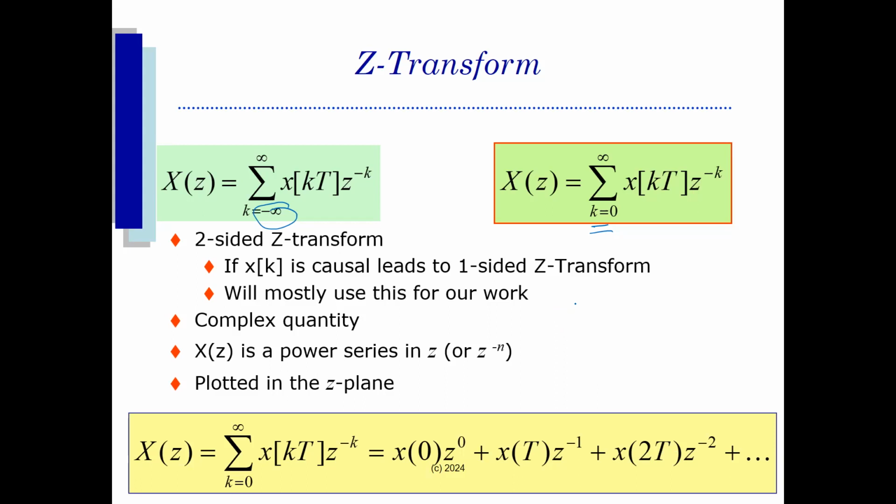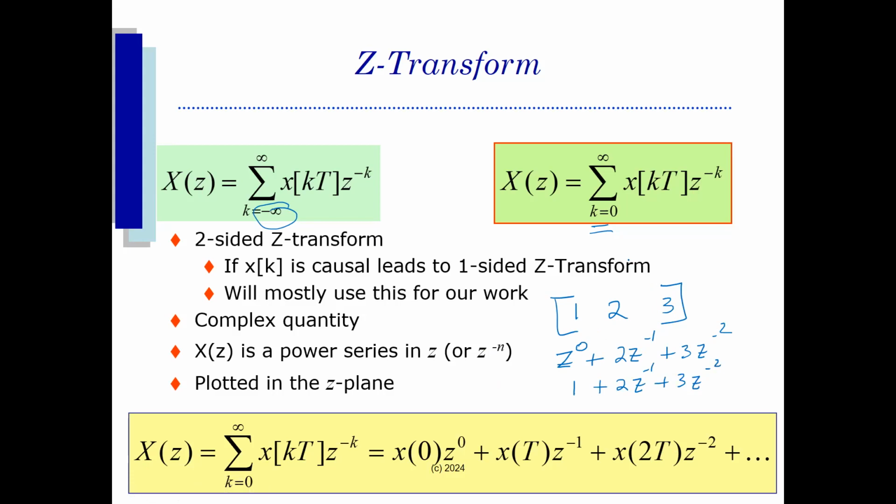So if the values were like 1, 2, and 3, if this was my x(kT) here, then the Z transform of that will be x(0), which is 1, times z to the power 0, plus the next value, which is 2 z^-1, and the next value, 3 z^-2. Of course, z to the 0 is 1, so this will be 1 plus 2 z^-1 plus 3 z^-2.